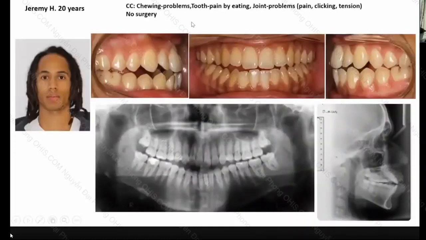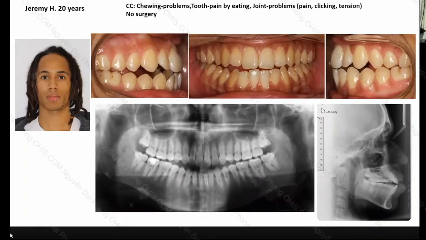This young boy, a 20 years old boy, see the almost third molar full eruption. This is the problem. During the eruption, pushing the previously erupted teeth and also the buccal segment, and the teeth incline forward, then the anterior bite opens.